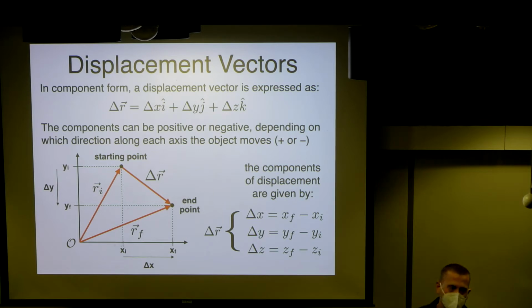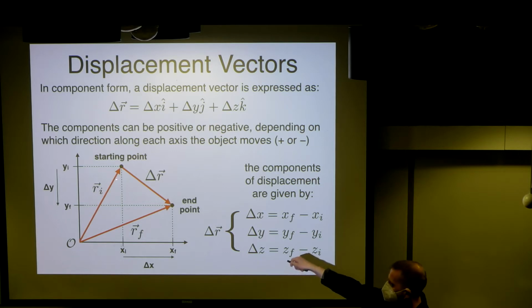In other words, we can just break it down into displacements along each axis, x, y, and z. Okay? So let's take a look at this picture to guide us along. This is the same thing I showed you before, where we have r initial and then a delta r vector taking us to our final position. Okay?